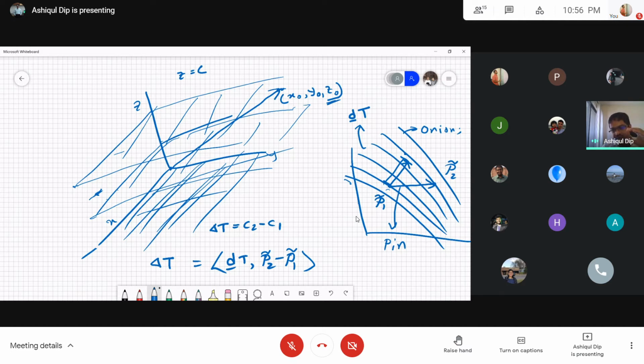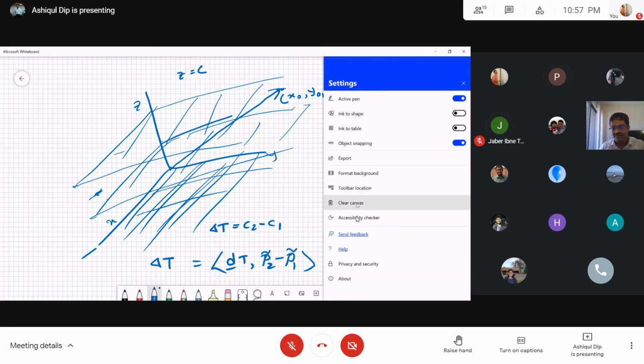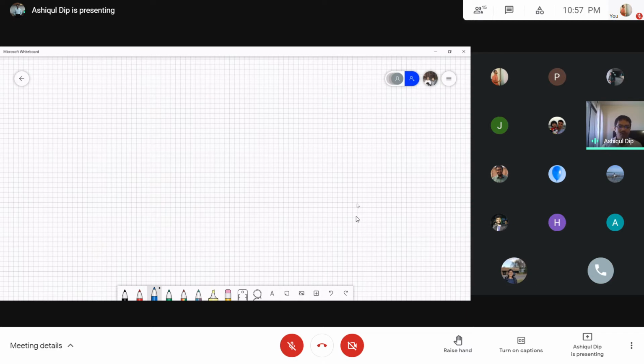But when you provide the displacement vector, then you measure how much temperature, or how much of the quantity, was changed. So this is what we mean by one-forms.